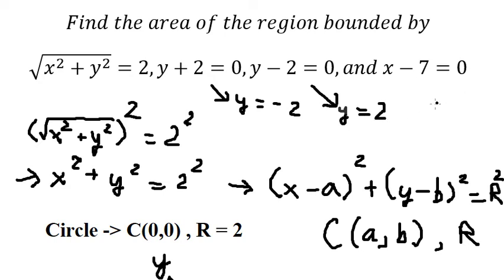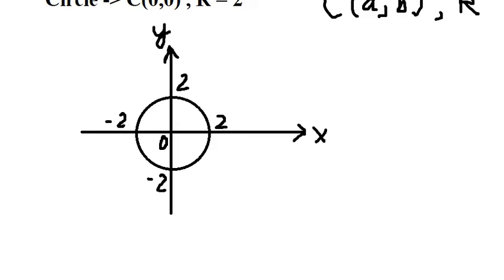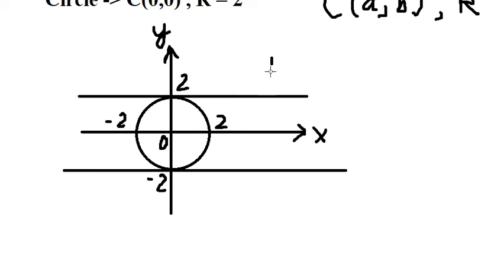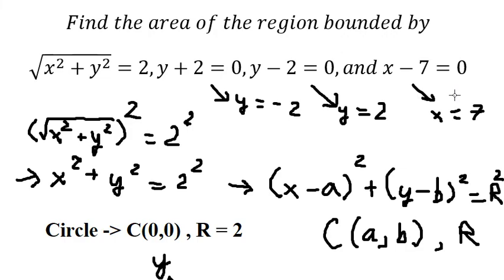Similar for this one, we have x equals 7. Now we need to graph this one and this one. So this is y equals 2, this is y equals negative 2, and x equals 7 from here.